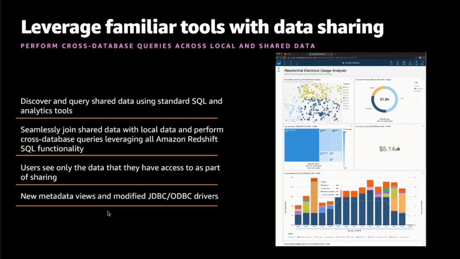So what about the metadata security? Data sharing respects metadata security. The consumer clusters see only the relevant subsets of the data, relevant subset columns, a relevant subset of the table. Whatever is added as part of the data share is what they see. They don't have any visibility into the metadata of the objects that are not shared with them.